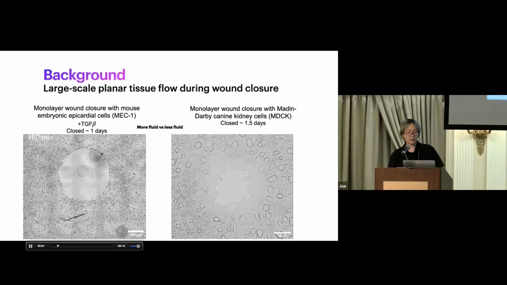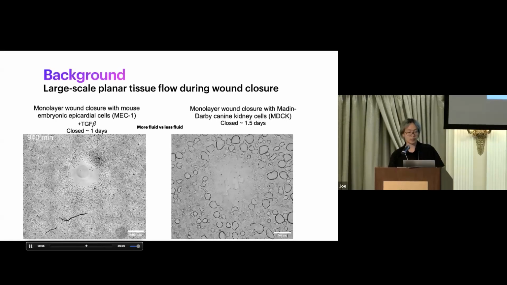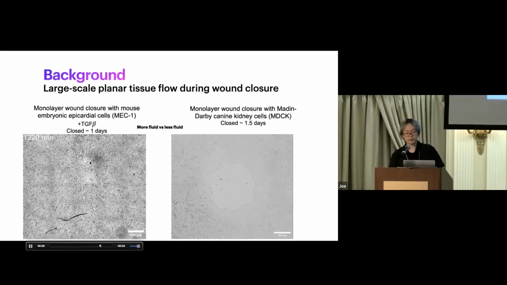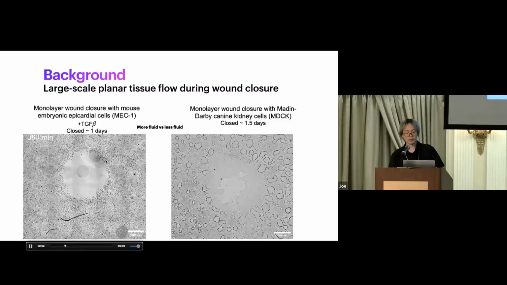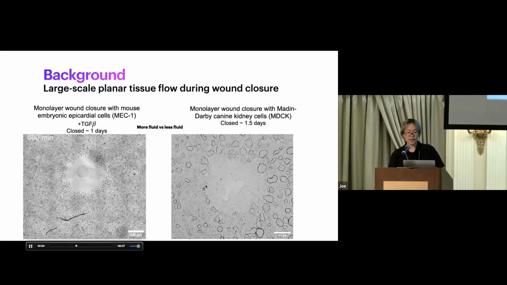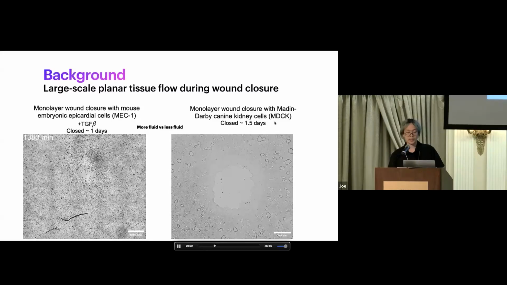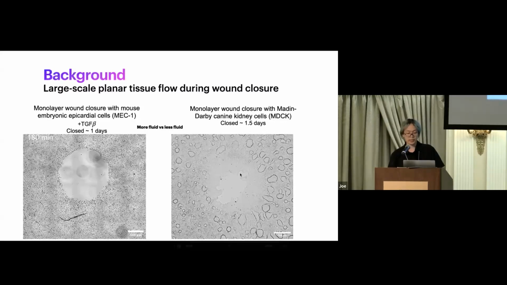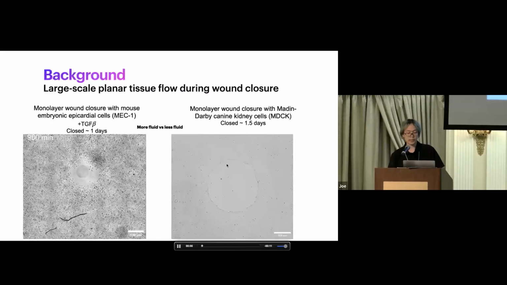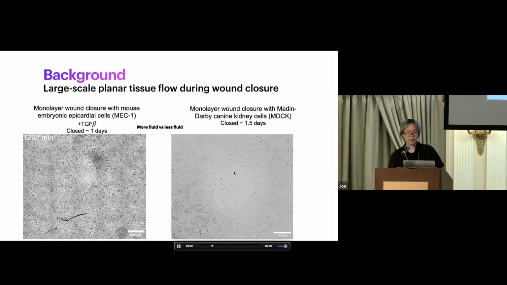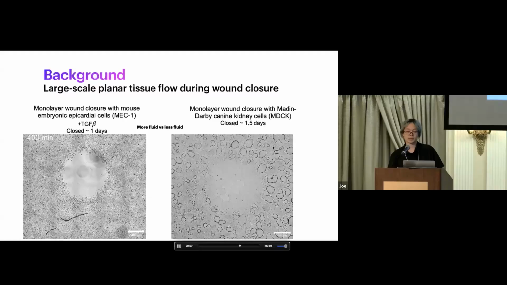Some interesting behavior is that some of the cells are actually not moving into the area, they are actually moving outward. That's what we call the wiggles or the buckling effect. Compared to the right video, which is a different cell line, the MDCK1, you can see the actual wound boundary is closing, but it's not a smooth closing, and there are some buckling effects inside the tissue as well.